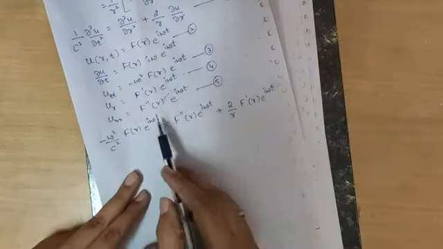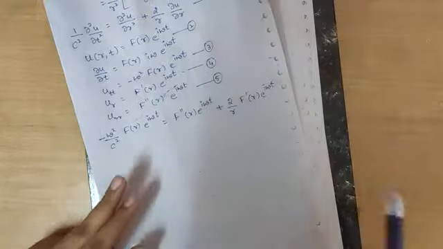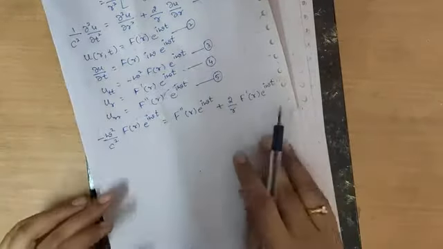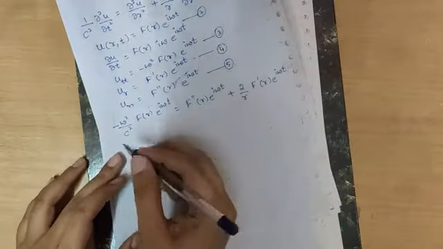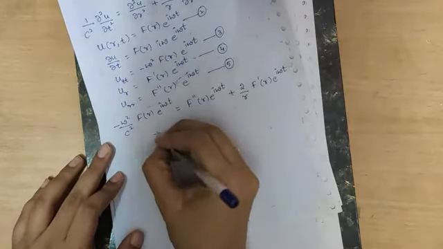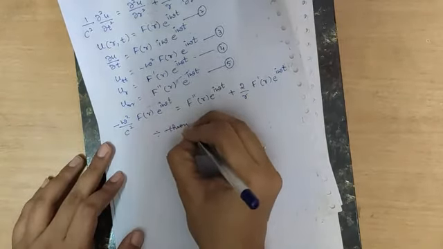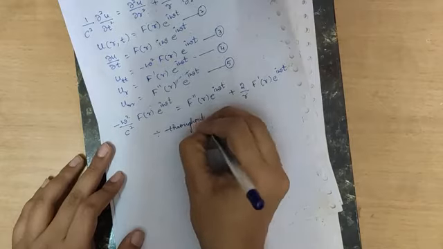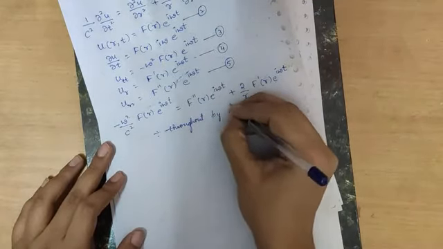Since you have e power i omega t in all the terms, divide the whole equation throughout by e power i omega t.